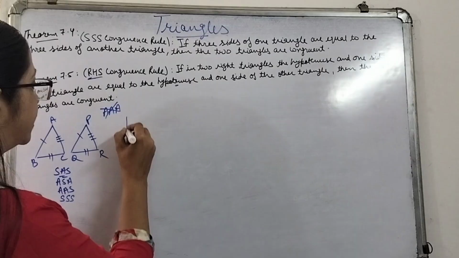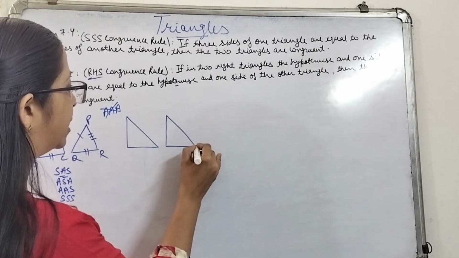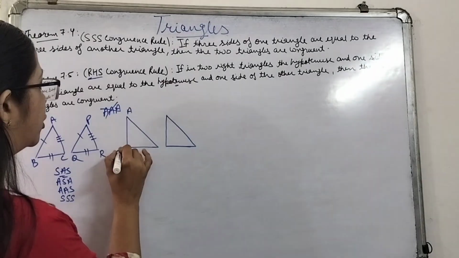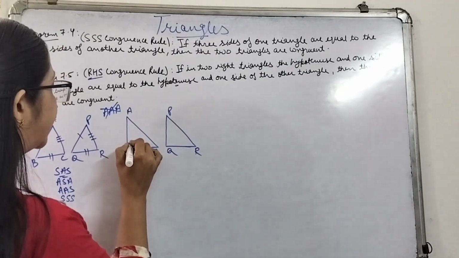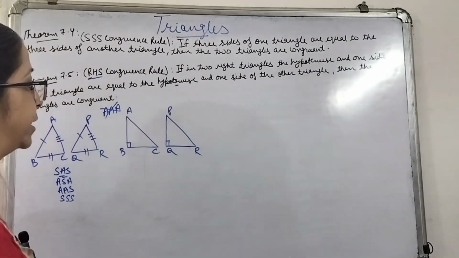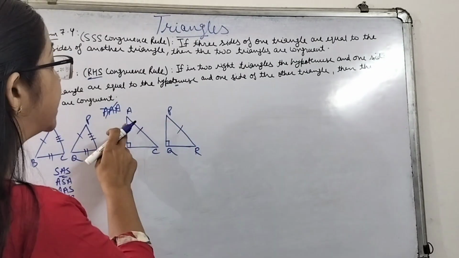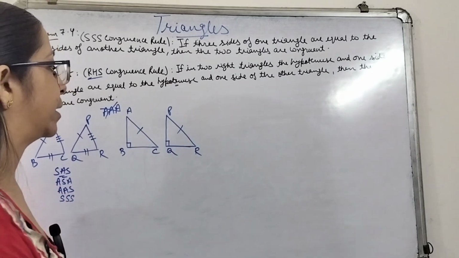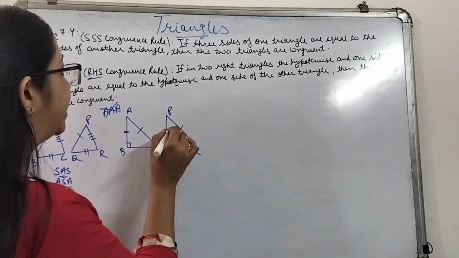So what it says is like this. Suppose this is one right angle triangle and this is another right angle triangle. This is your ABC, this is your PQR. This angle B is 90, this angle Q is 90. So the hypotenuse has to be equal: AC is equal to PR, and suppose AB is equal to PQ.